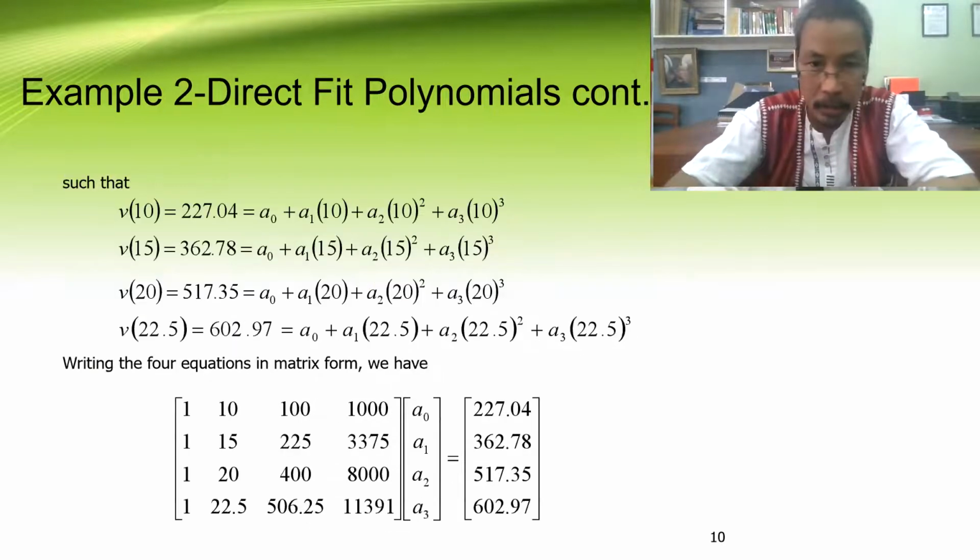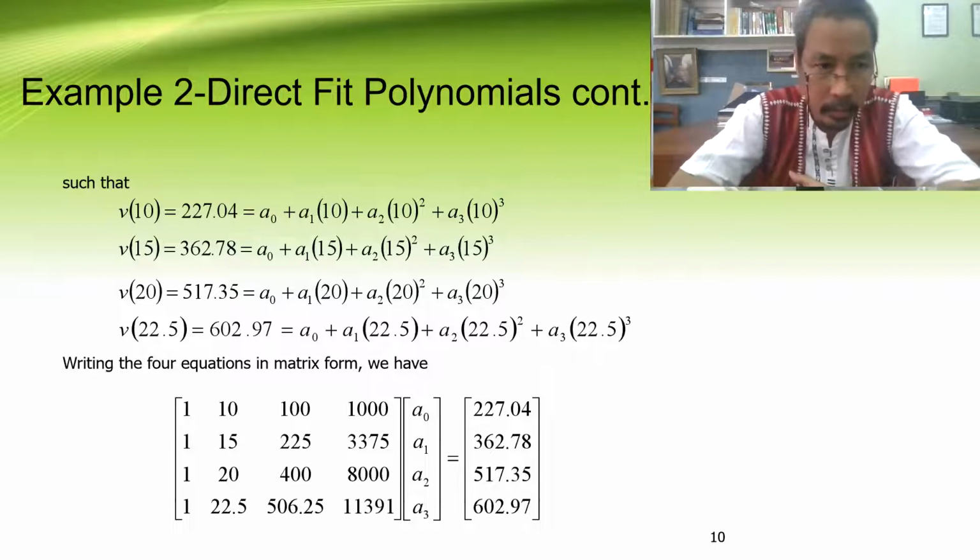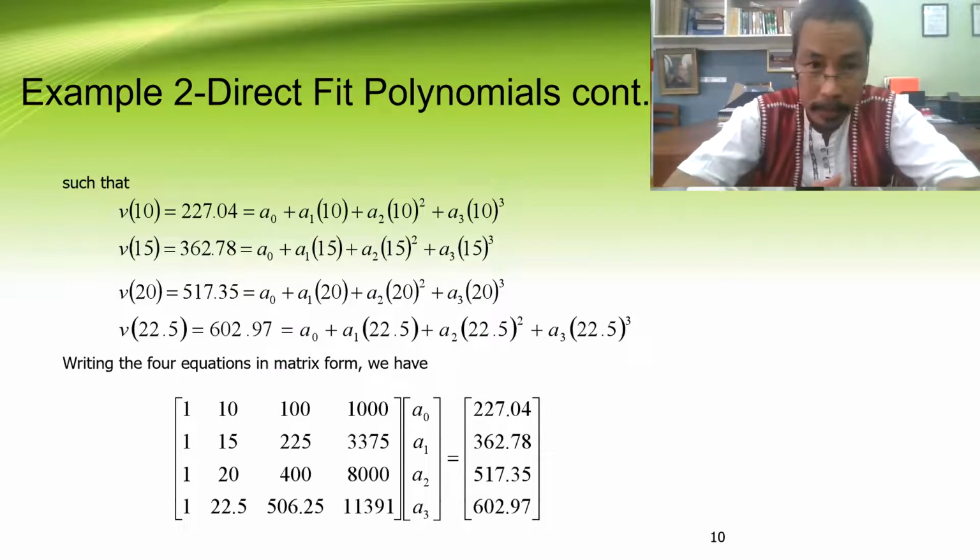Using this method, we can find out that the velocity at 10, which is already given in the problem, can be represented by this direct fit polynomial. So also for velocity at 15, velocity at 20, and velocity at 22.5.